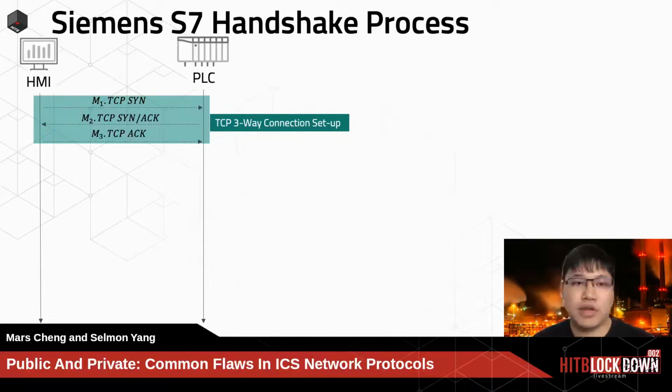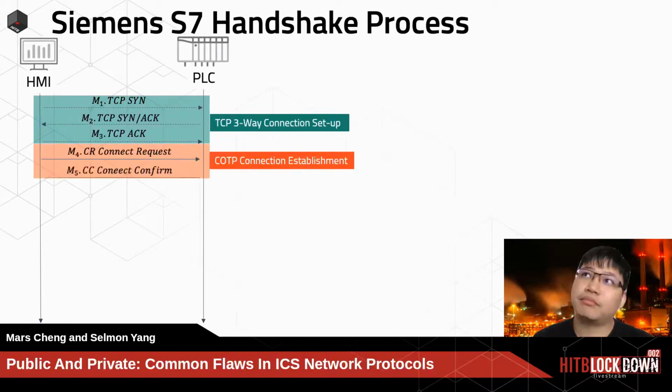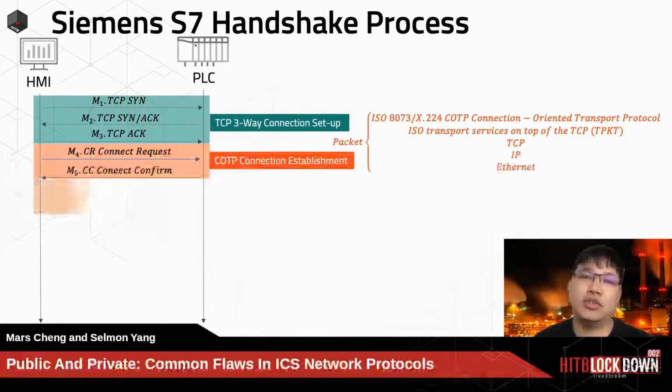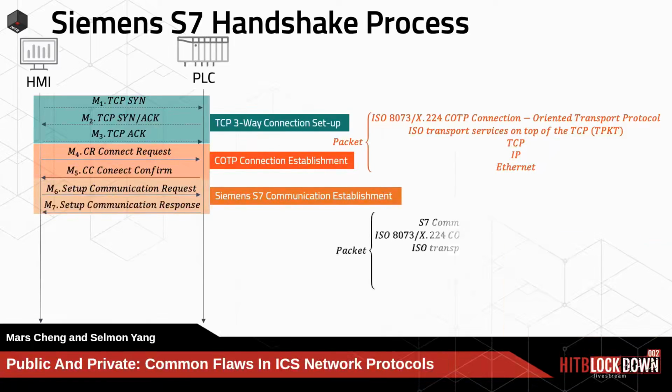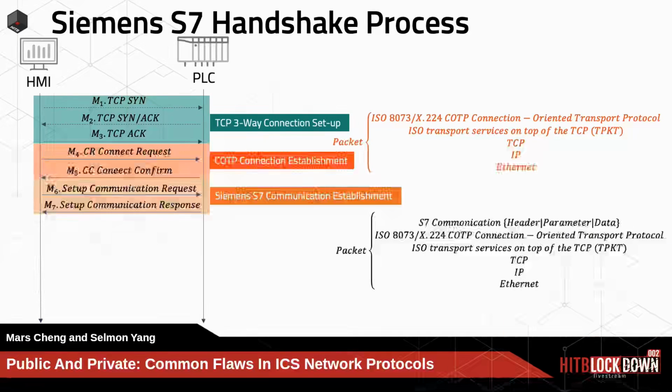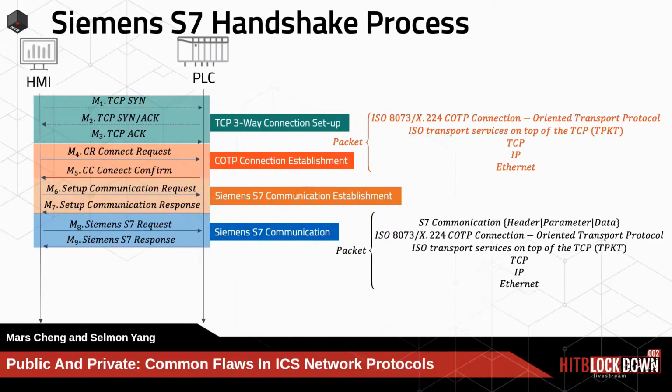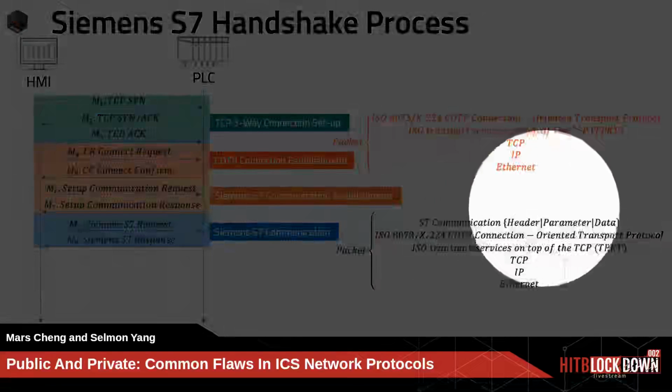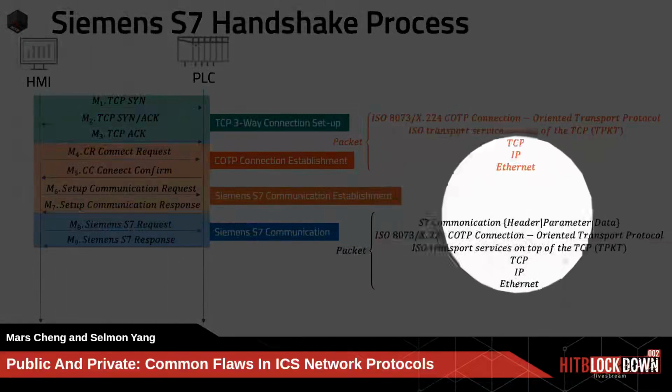Also, there is a TCP handshake, and then the COTP connection, and messages 6 to 7 perform the setup communication request and response to build the channel for the Siemens S7 protocol. And then the real Siemens S7 request and response. So here you will see the S7 communication header, parameter, and data put in here.